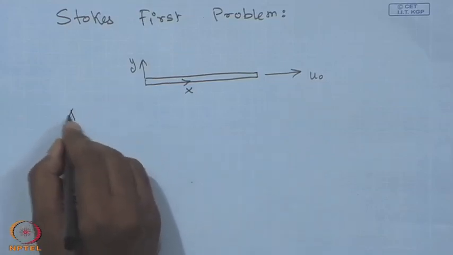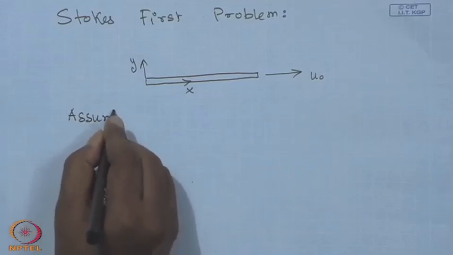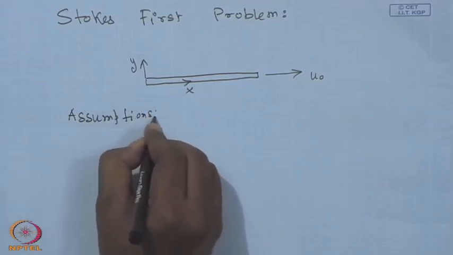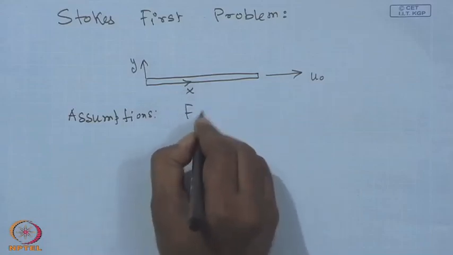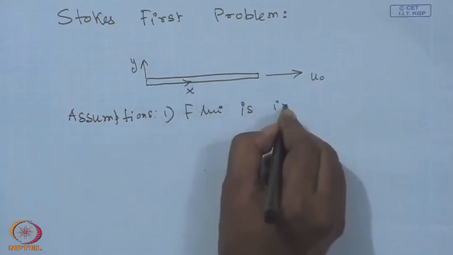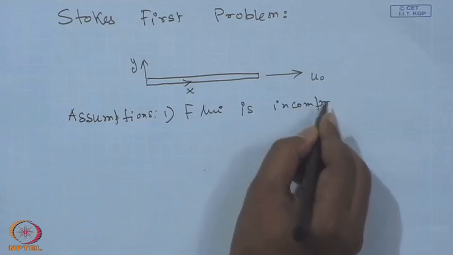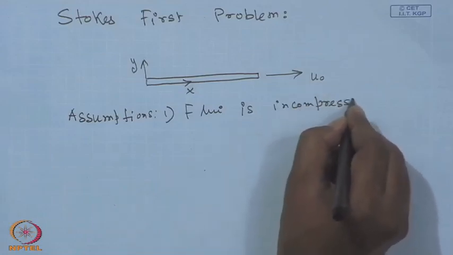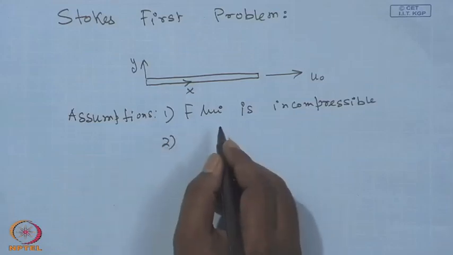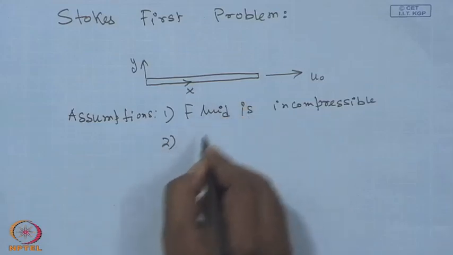Let me list down these assumptions. The fluid is incompressible. That means the density is constant. The second assumption is that it is a one dimensional flow.